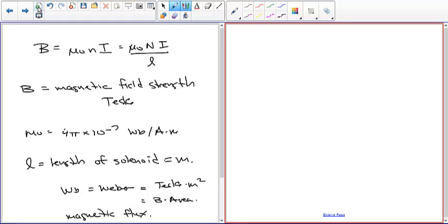So that's pretty much it. We've talked about how a moving charge creates a magnetic field around itself, and that magnetic field interacts with an external magnetic field to push things in certain directions, whether it's a charge or a wire or two wires. We've also talked about how to quantify the magnetic field created by moving charges.